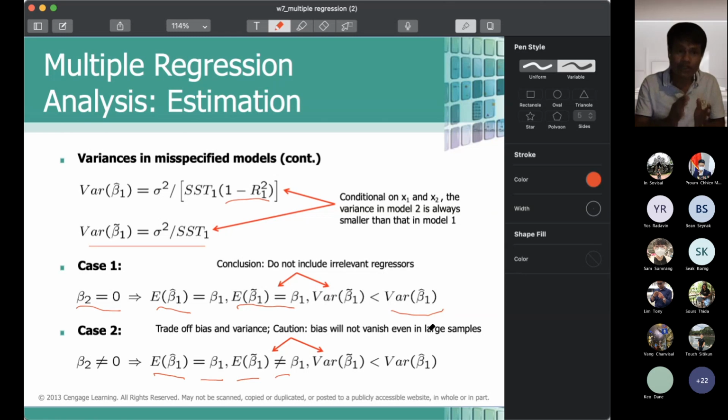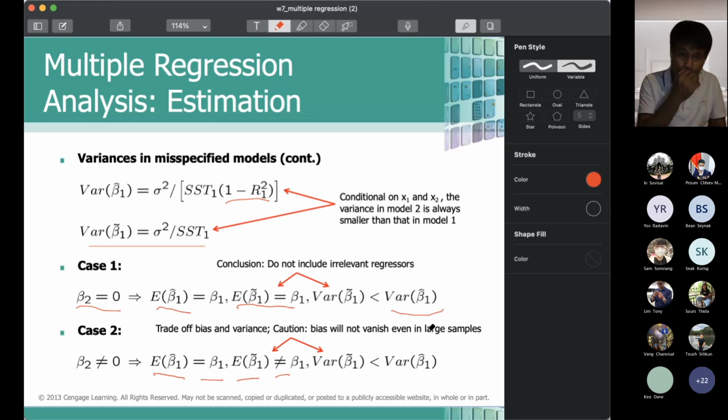Again, if you need to trade off between multicollinearity and omitted variable, choose omitted variable. Try to meet the zero conditional mean assumption. This multicollinearity issue could be solved by having a large sample size.